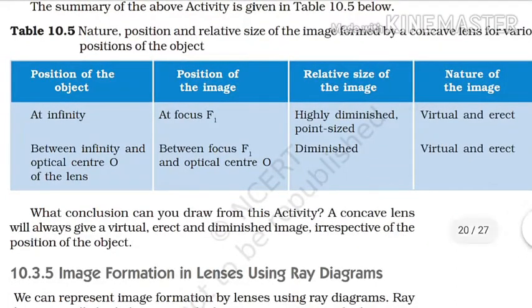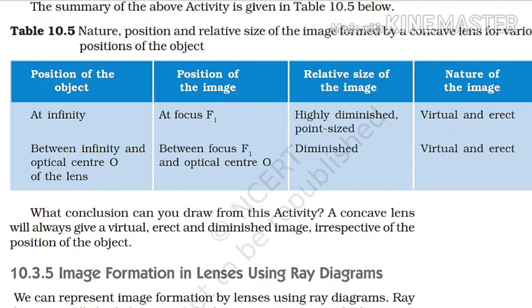In the first case, with the object placed at infinity, the image is at focus F1, highly diminished, that is point sized, and the nature of the image is virtual and erect.